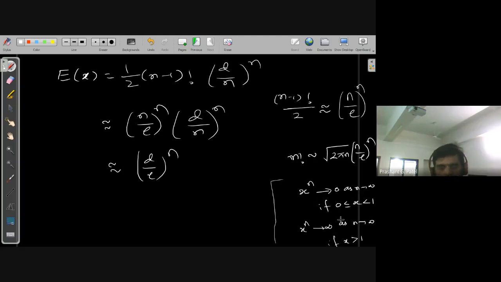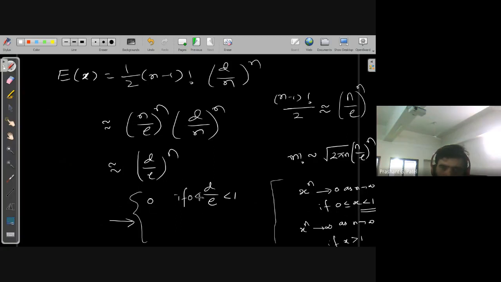We already know this. And here in place of x, we have d by e. So this quantity, I cannot say it is equal to, but it tends to 0 if d by e is less than 1. It is obviously greater than 0 because the value of d is bigger than 0. It is a probability.